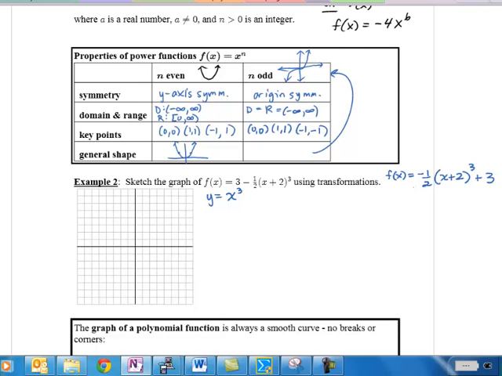So this multiplication by negative 1/2 will be a reflection over the x-axis, and also it will be a vertical change because it's outside, so vertical compression by a factor of a half. x plus 2 is going to be a left 2 shift.